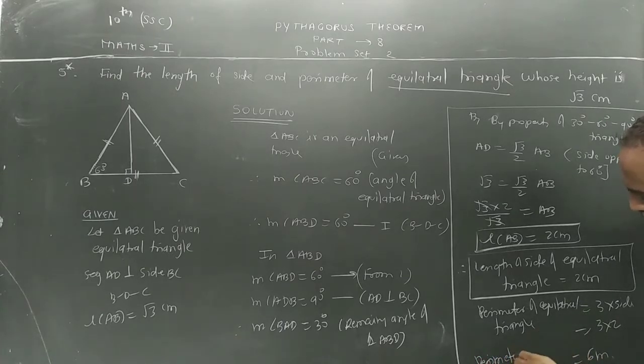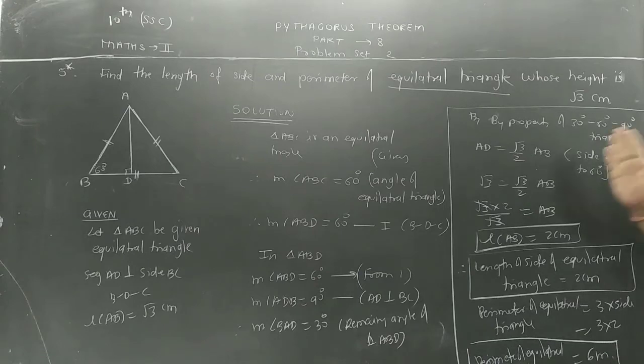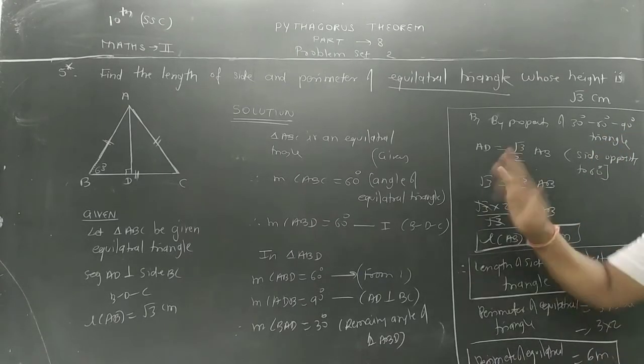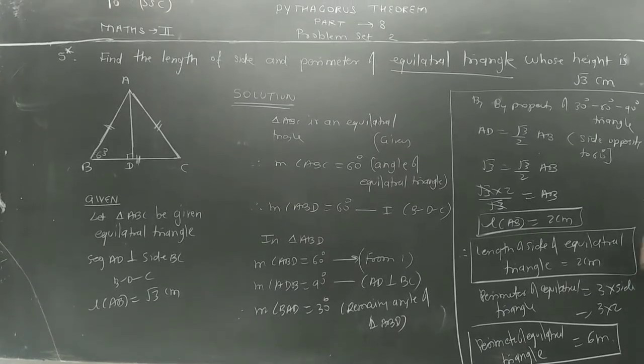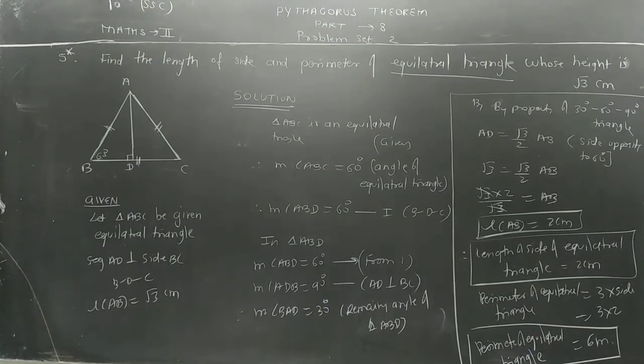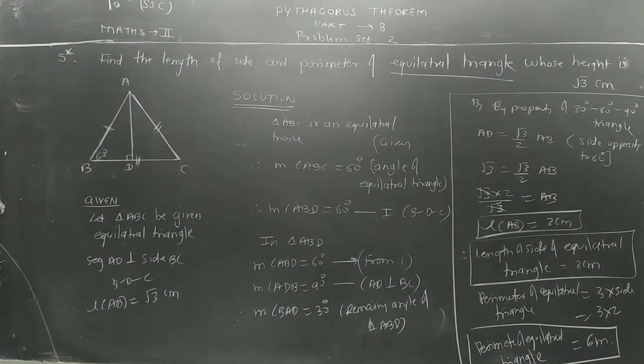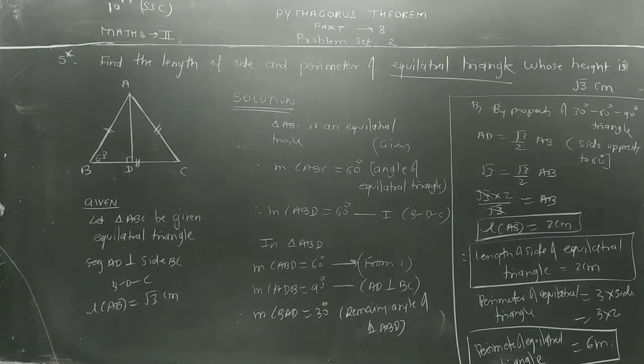Perimeter of equilateral triangle is equal to 6 centimeter. Put it in the box and comment on it properly. Study it properly once again. If you are not getting it, rewind the video and see it once again. Which property I used, comment on it properly, by pausing the video.